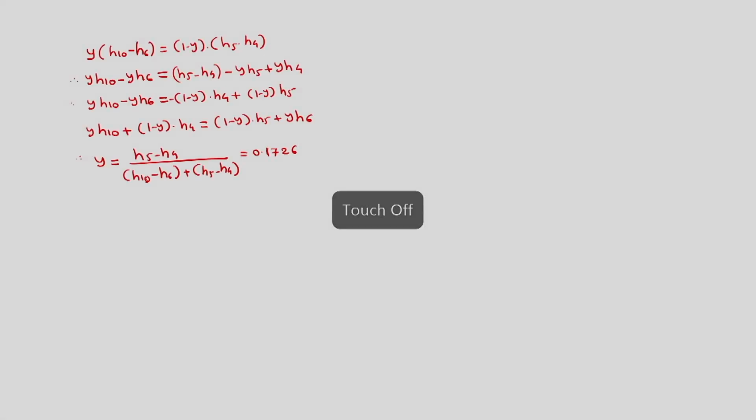We can write the same thing in terms of Z: Z at H12 plus 1 minus Y minus Z at H2 gives us 1 minus Y at H3.